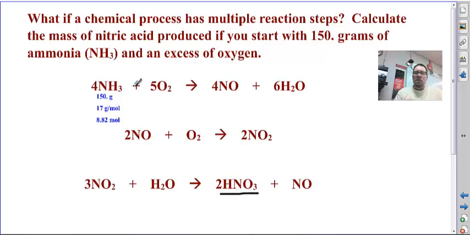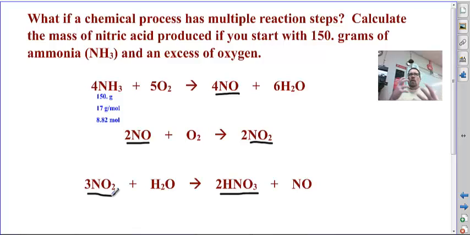But I have to go through this multi-reaction process first along the way to build up essentially the nitrate and then attach a hydrogen to it and make the acid. The key to working between reactions is finding that intermediate, where here I have this intermediate nitrogen monoxide that is a product here and then the reactant with the oxygen here, making nitrogen dioxide, which is the product here and the reactant there.